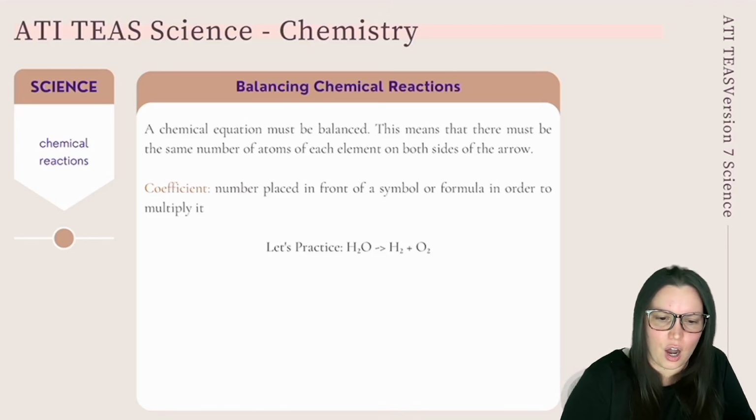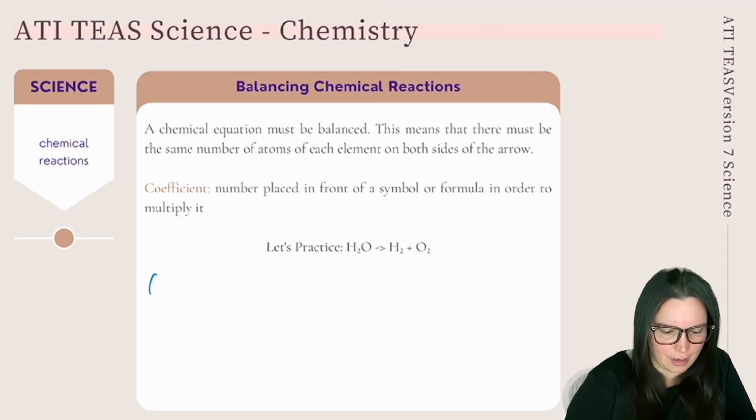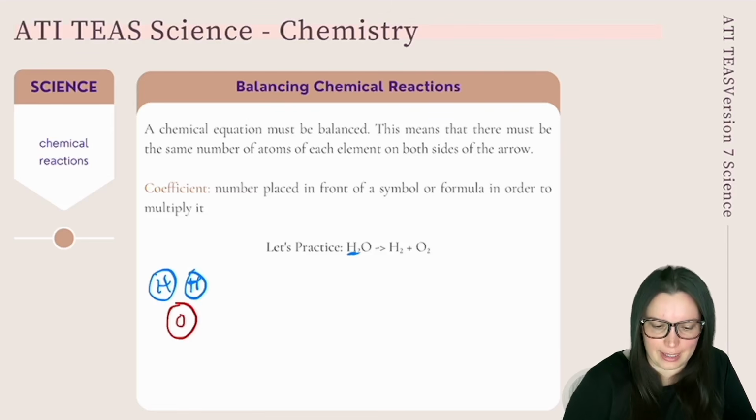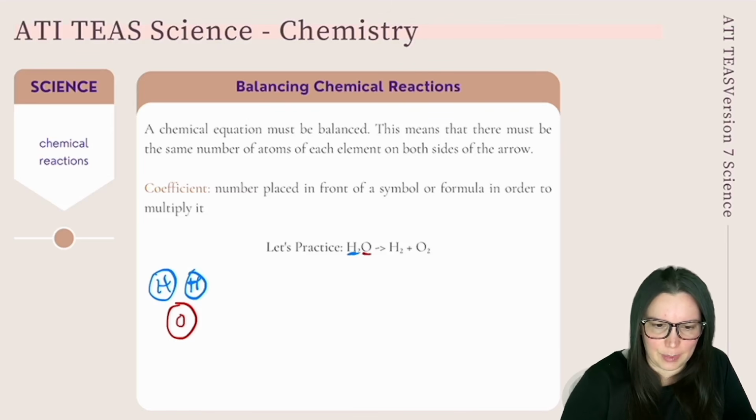So on our reactant side, we have 2 hydrogen atoms, right? That's where we get the H2. And we have 1 oxygen atom, right? That's that one lonely little O right there. This is supposedly going to yield 2 hydrogen atoms.